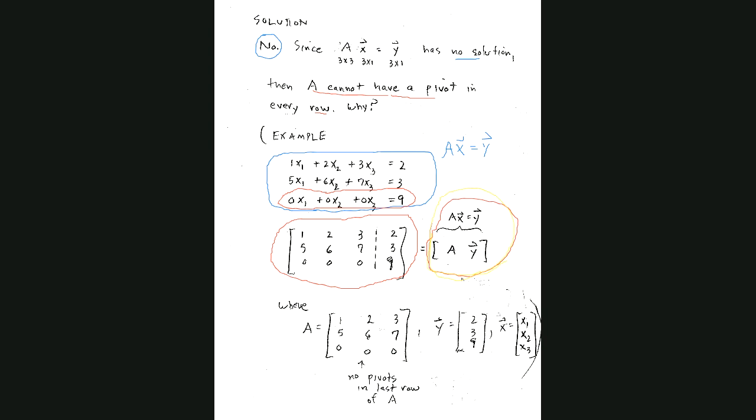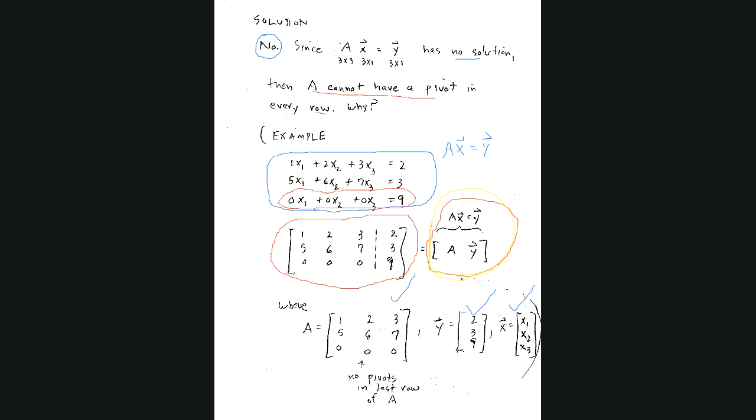Clearly, I've identified what A is, what Y is, and what X is, which isn't hard, but what's important is the matrix A.